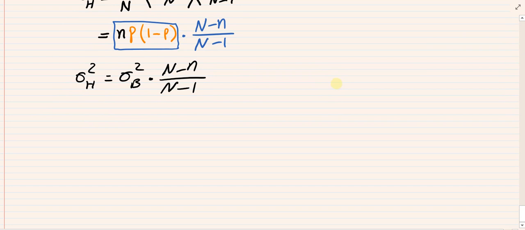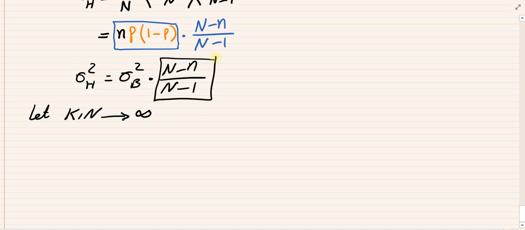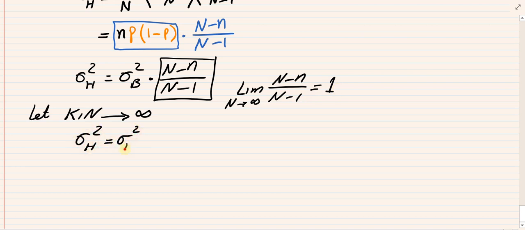Now, if you let both K and N approach infinity and become very large, then it turns out that the limit as N approaches infinity of (N minus n) over (N minus 1) is 1. So what that means is that the variance of hypergeometric approaches the variance of the binomial for very large N.